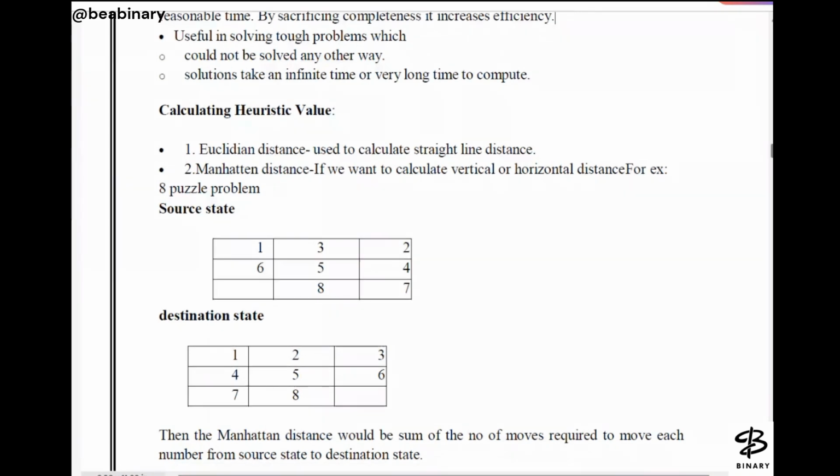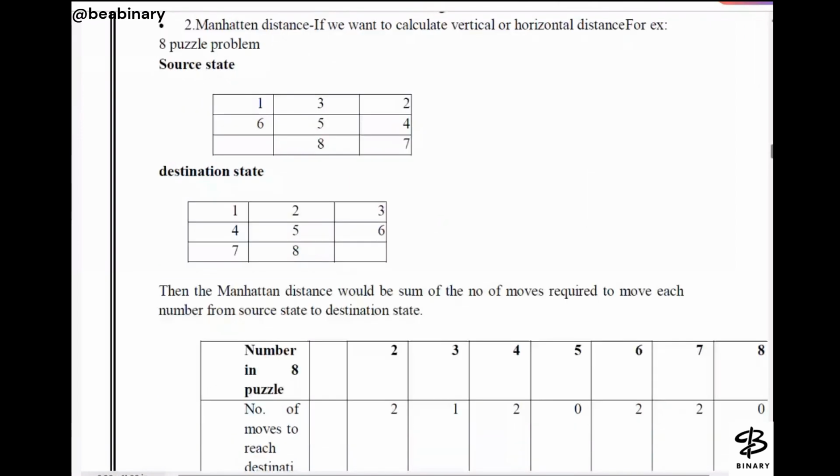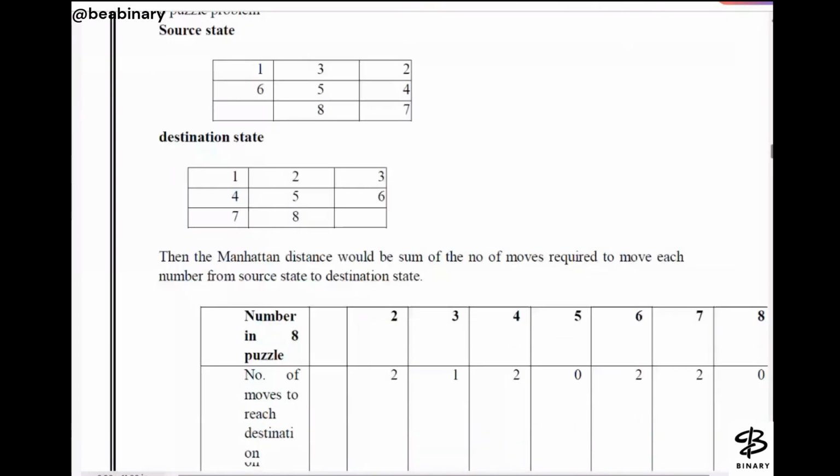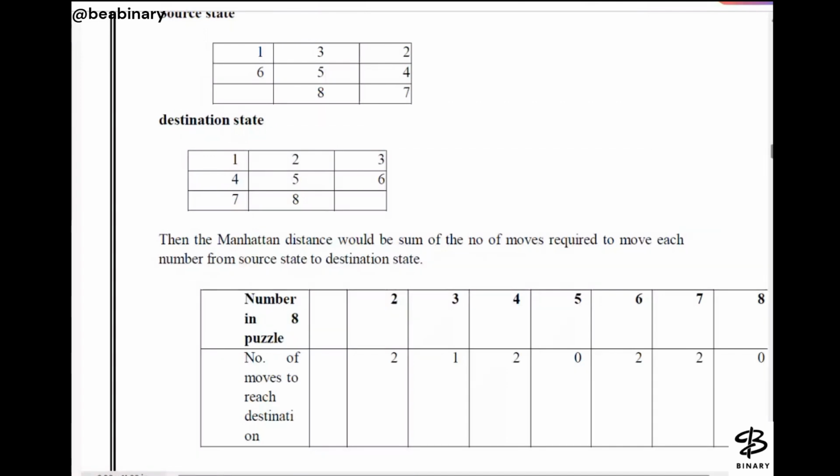Then the Manhattan distance is the sum of the number of moves required to move each number from the source state to the destination state.